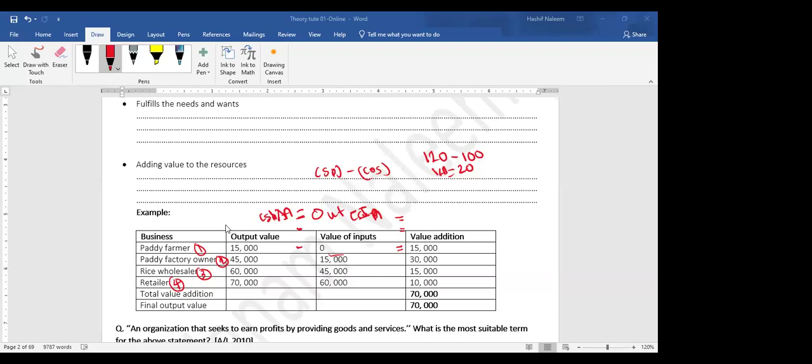In other words, changing the nature of the resource is value addition. Value addition means the difference between inputs and outputs.